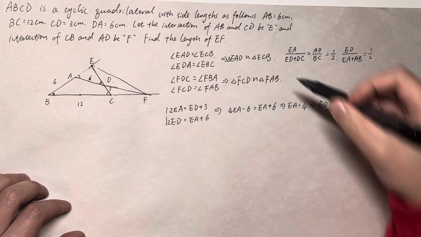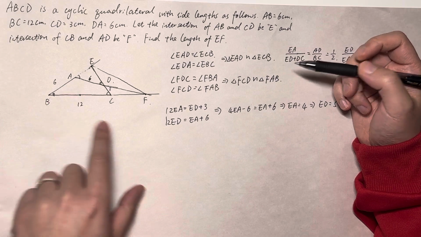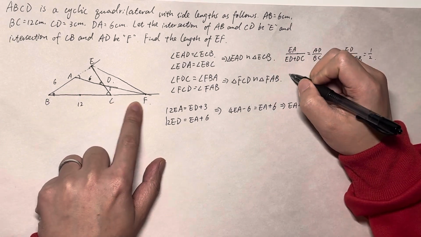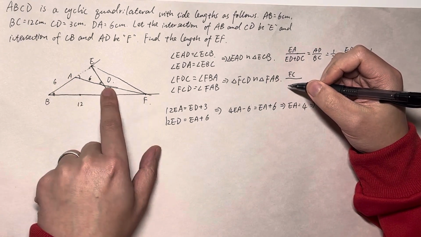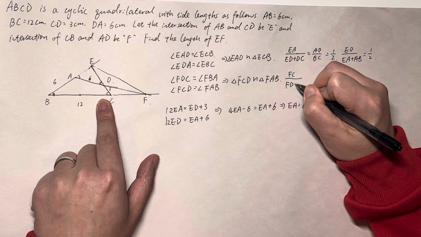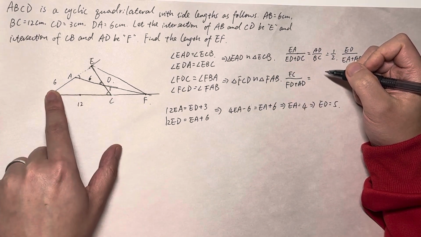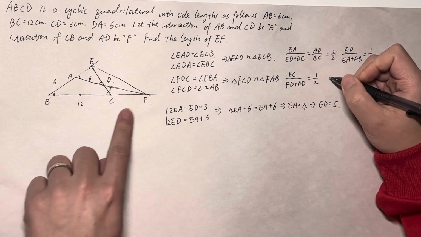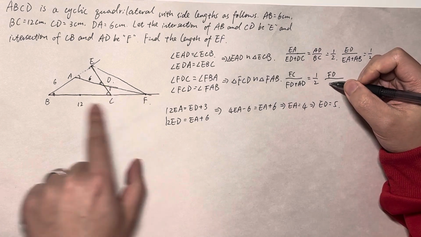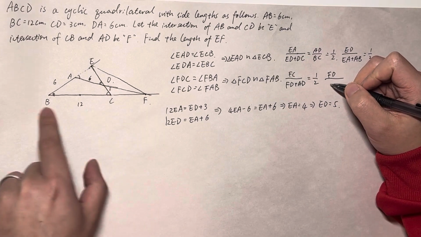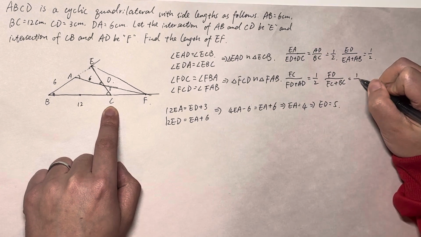And from this one, triangle FCD is similar to triangle FAB. We have FC to FA, which is FD plus AD, so FD plus AD equals DC to AB, which is 3 to 6, that's 1 by 2. And FD to FB, which is FC plus BC, equals 1 by 2, right?